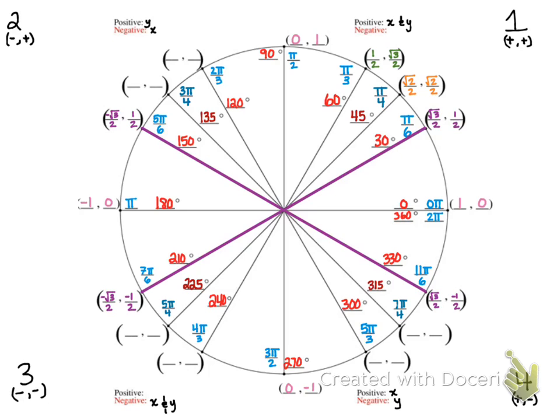All right, if we go to pi over 4, here's my first line, and I have root 2 over 2 comma root 2 over 2. Reflect that over the y-axis, and that goes to 3 pi over 4, and since it's a negative positive quadrant, my values are going to be negative root 2 over 2 comma root 2 over 2.